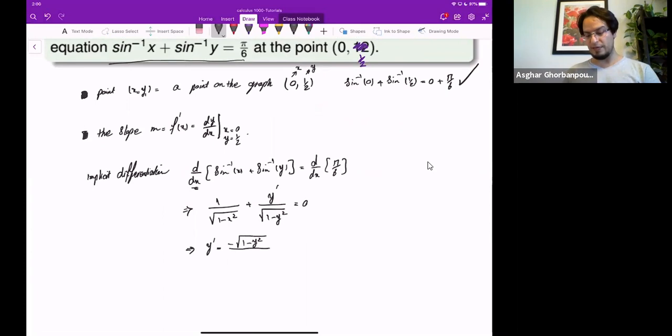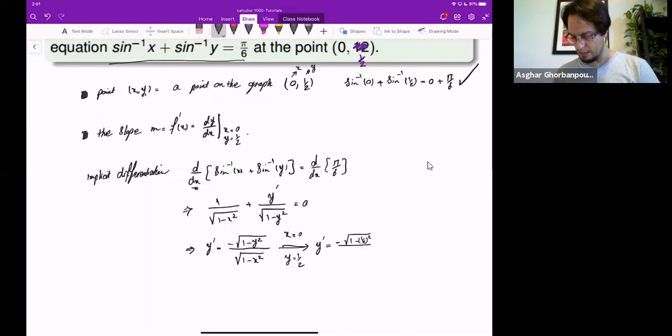So I first solve for y prime, and then set x equal to 0 and y equal to 1/2. That will give me minus root 1 minus (1/2) squared over, in the denominator, root 1 minus 0 squared.